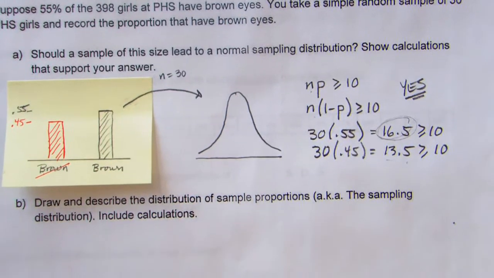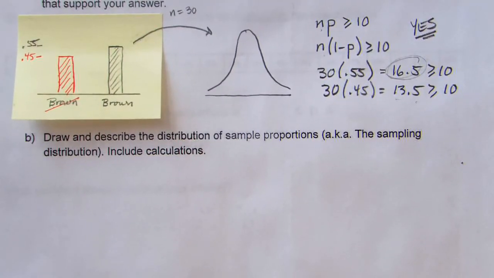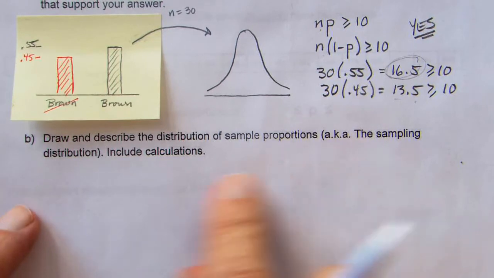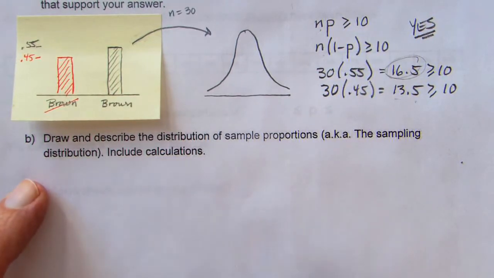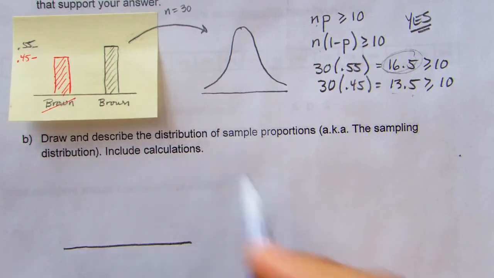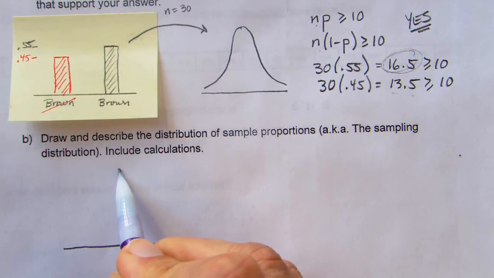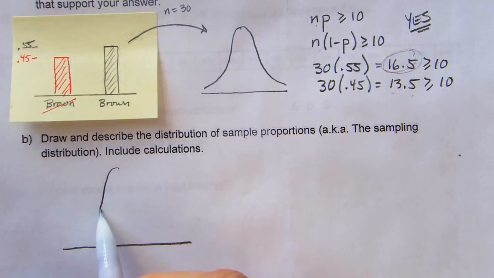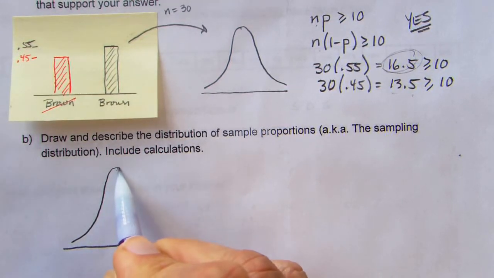But moving on. Draw and describe the distribution of the sample proportions. This is also known as the sampling distribution, and includes your calculations. As we said a moment ago, because we've sampled enough, we can assume a fairly normal sampling distribution.